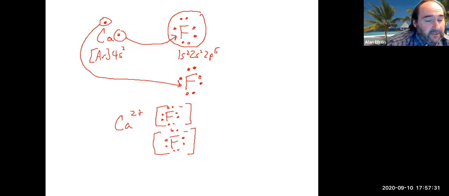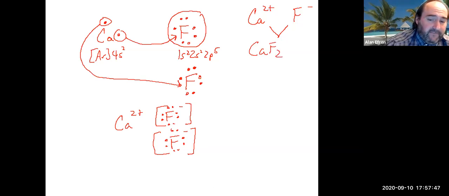This is why, as you may remember, when you put something that is positively charged together with something that is negatively charged, they always tell you it needs to equal 0 in the simplest way to equal 0. And the correct formula for something like this is calcium fluoride, CaF2.